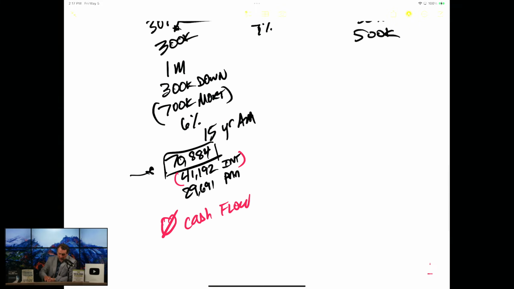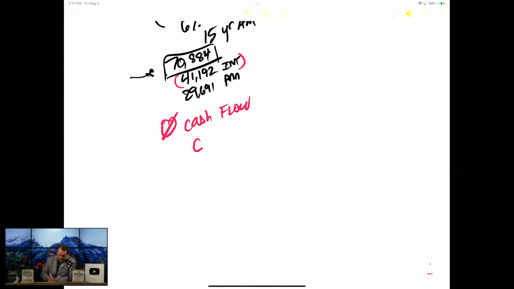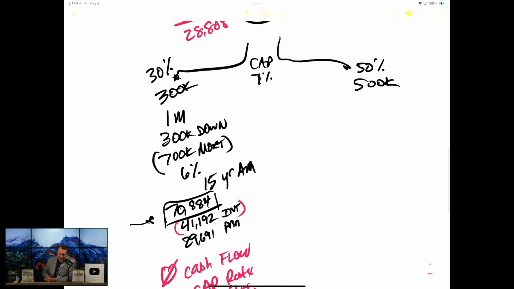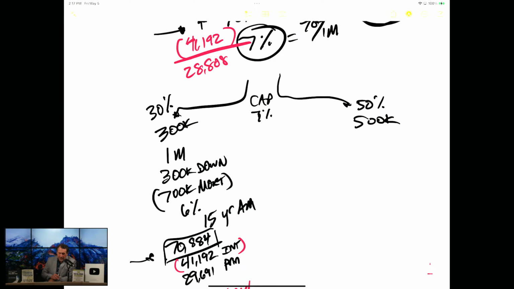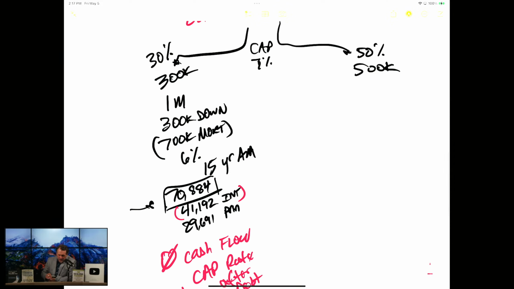My cap rate after debt is now 2.8%. Now you might say, well, Mark, I'm getting this cap rate of 7% on my cash. Yeah, you are. And the debt is only costing me 6%. So I'm making 1% on this interest payment. That's what it's costing me. And so there's a variance there, and that's good.